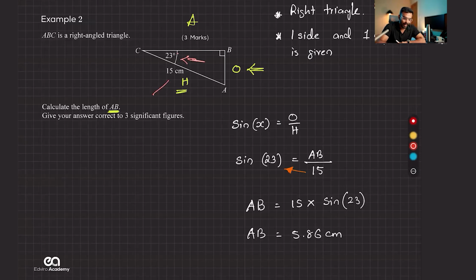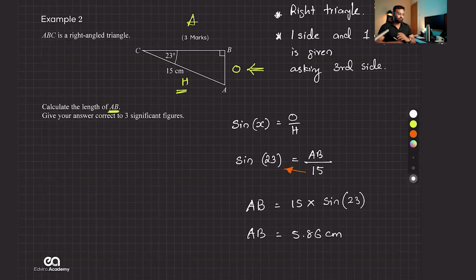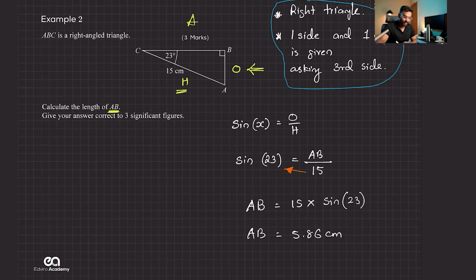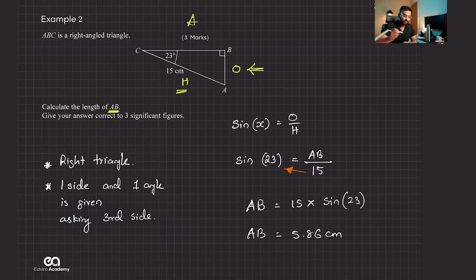Angle right there, and one side is given, asking for the third side. That is the rule when you know you've got to use trigonometry.